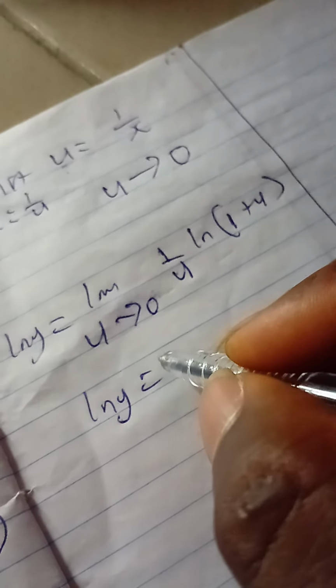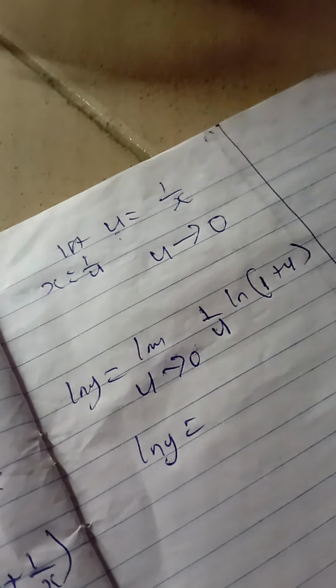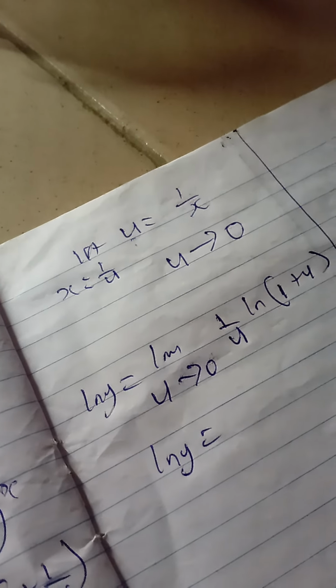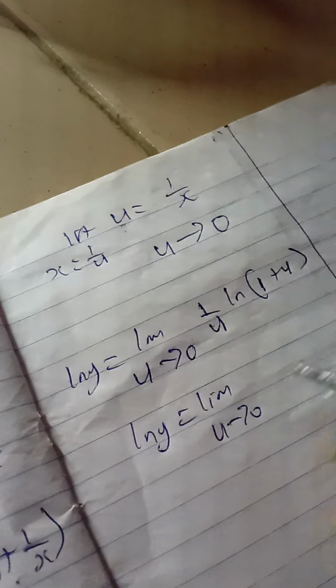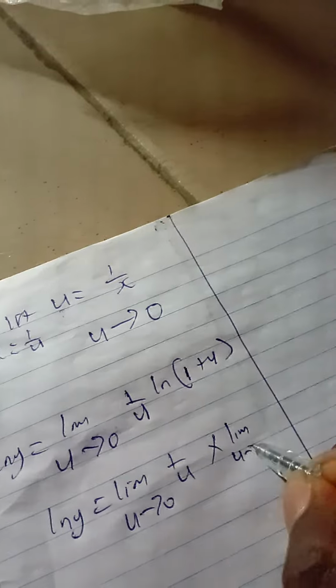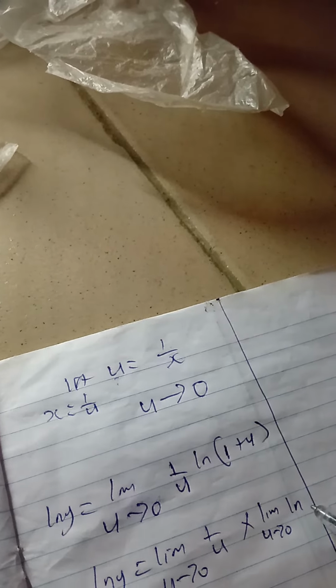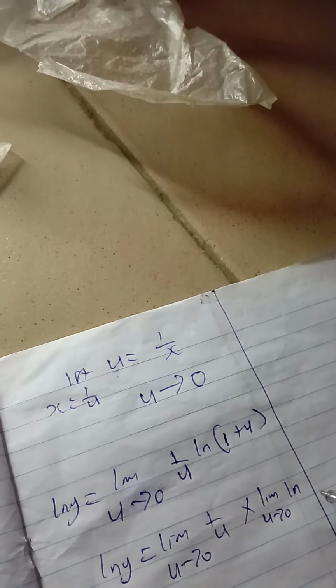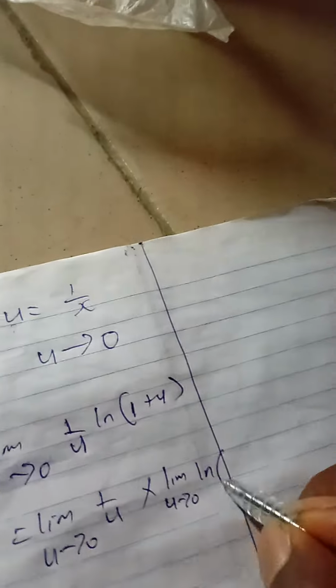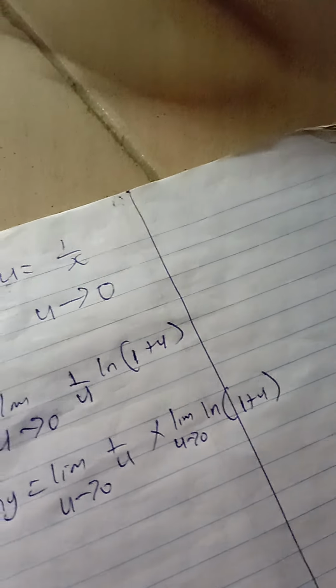So ln y equals the limit as u tends to 0 of 1 over u times ln (1 plus u).